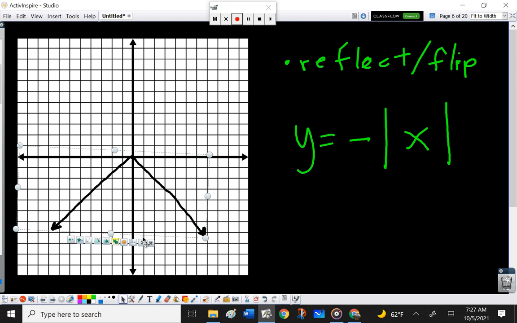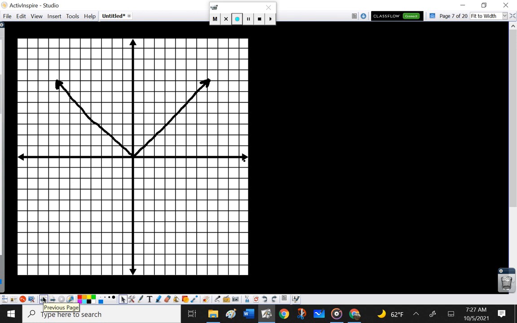Now, one thing I haven't done, and I'm going to do this for our next example, is sometimes we have this y equals, right? But we don't always have to have y equals. Sometimes, ladies and gentlemen, we can have f of x, which means the same thing as y.